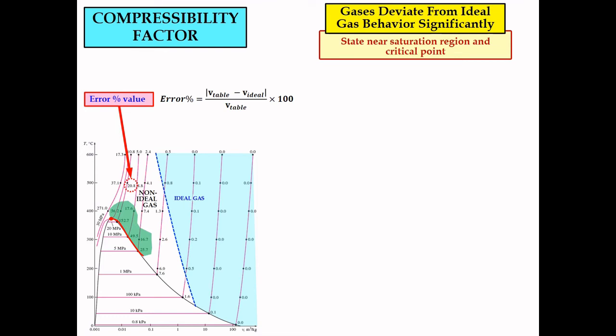Okay, so this area with higher error we consider as non-ideal gas.